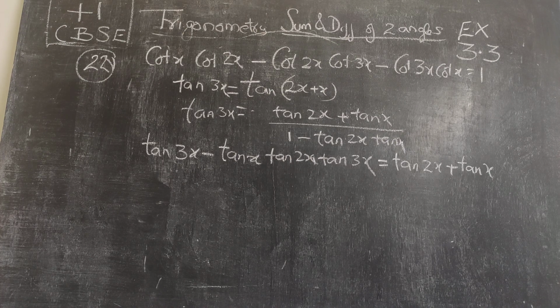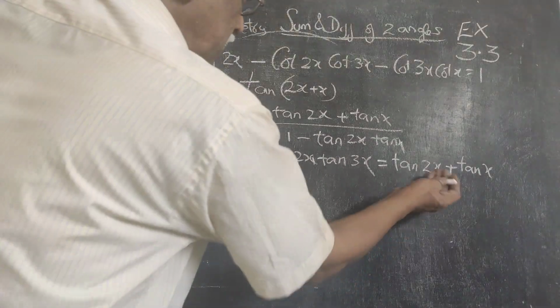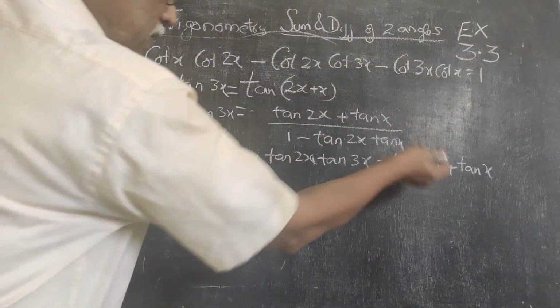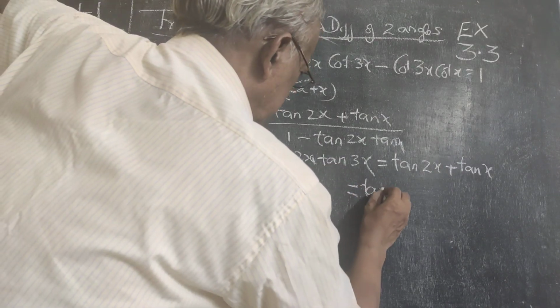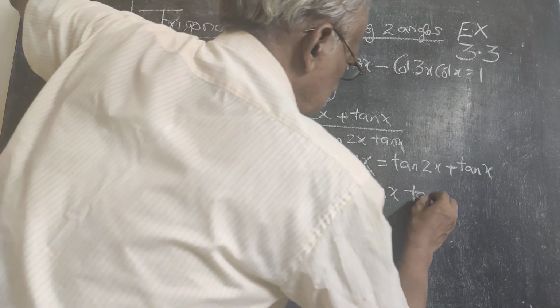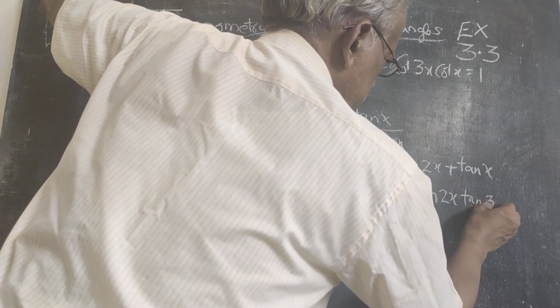Now, tan 3x minus this and this. I have to get the answer cot x, cot 2x minus cot 2x, cot 3x minus cot 3x and cot x equal to 1. So what I do is, I am taking this one here and that to the other side, that is minus of this I am taking to the other side, tan x, tan 2x and tan 3x.